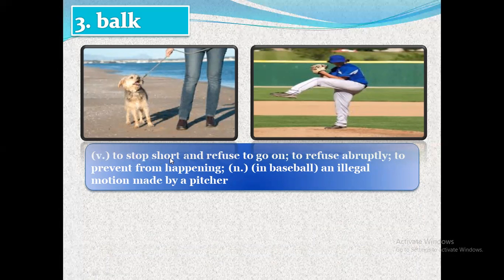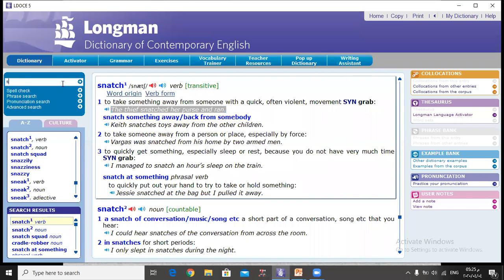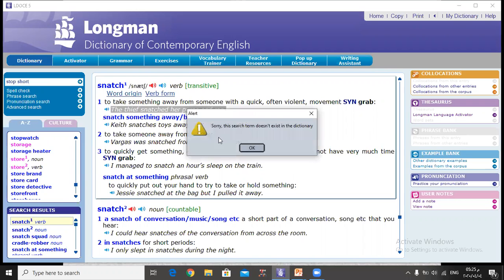So to stop short, what does it mean to stop short? If we write down here the word stop short, this is some kind of expression that has meaning.